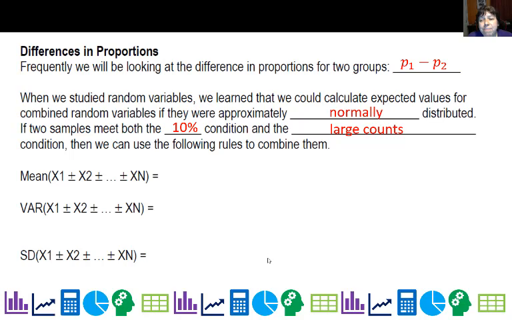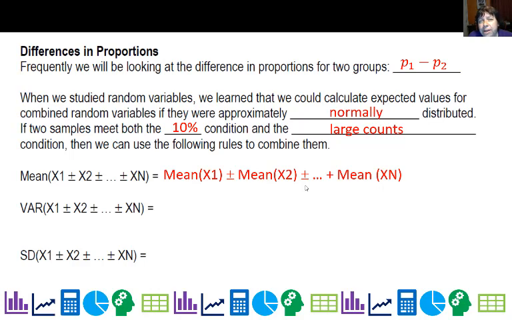If I'm combining means, let's say x1 plus x2, or minus, I'm just going to match whatever I do to the means. So if I add, I add. If I subtract, I subtract. That's really straightforward. Expected values behave very well.